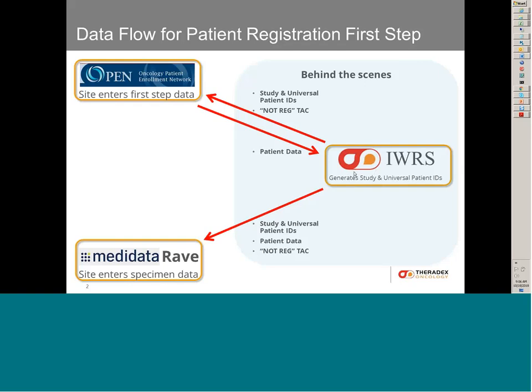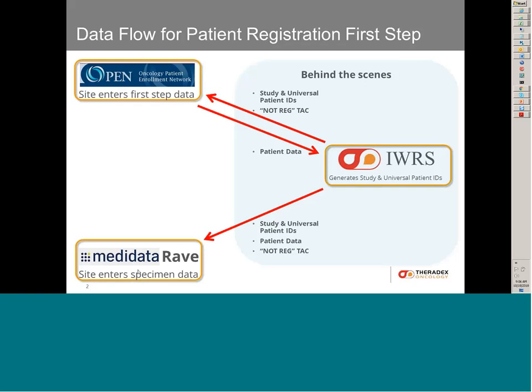IWRS is then going to send all of that registration data from the first step over into metadata rave, along with the IDs that have been generated and that same treatment assignment code of not registered. And then the site will utilize metadata rave to enter some initial data, including the first specimen or specimens that are required to determine eligibility.